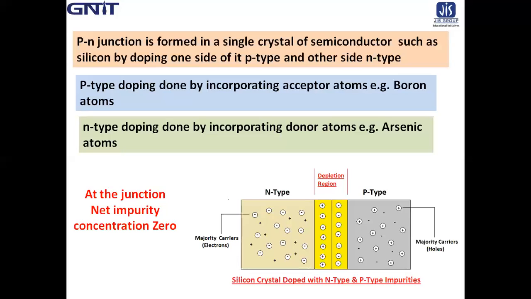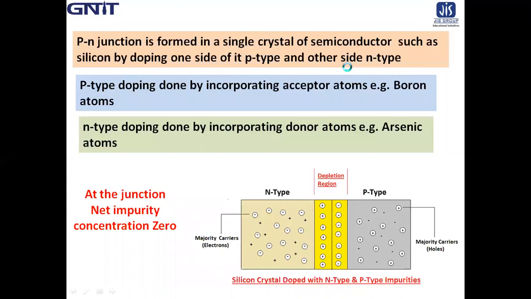So how is a PN junction formed? A PN junction is formed in a single crystal of semiconductor such as silicon by doping one side of it p-type and the other side n-type.